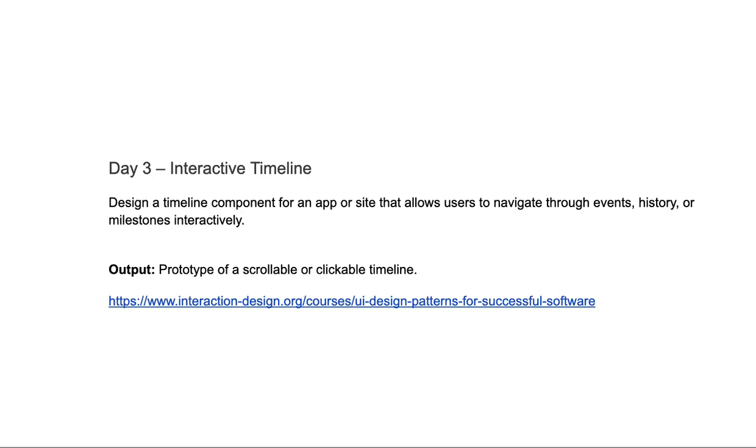But again, it could be something that guides you through a step-by-step thing that you need to accomplish, but has interactivity to it. And the same thing here, just prototype a scrollable or clickable timeline. It could be both. It could be a long timeline that goes off the screen and also has clickable elements that change things on the screen or change content.